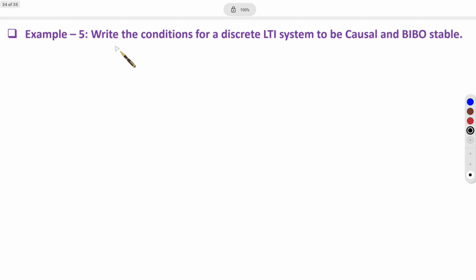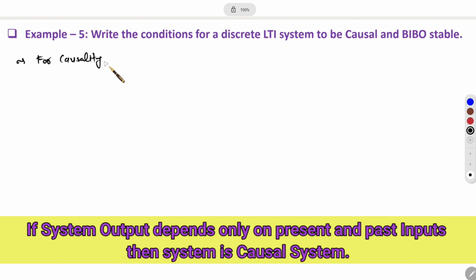See, here we need to write the conditions for a discrete LTI system to be causal and BIBO stable. Let me explain that. If you want to test causality, then one should know what causality means. Causality means our output depends on the present input and past input, right?